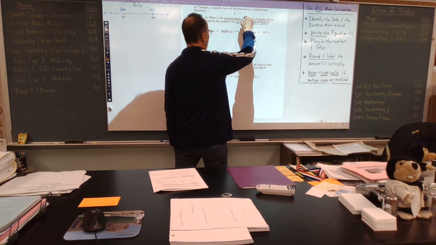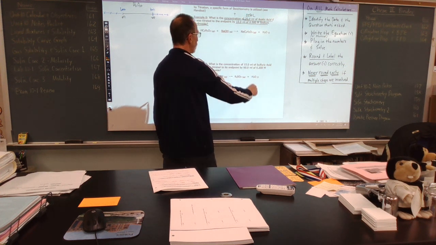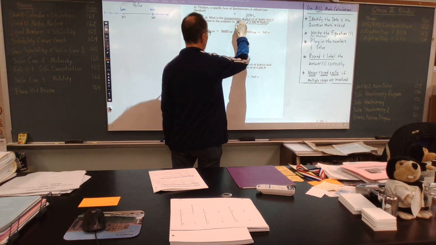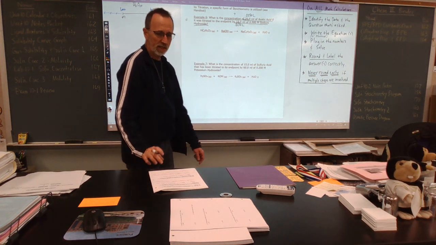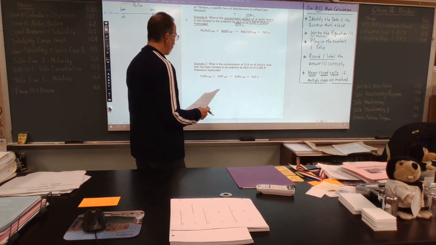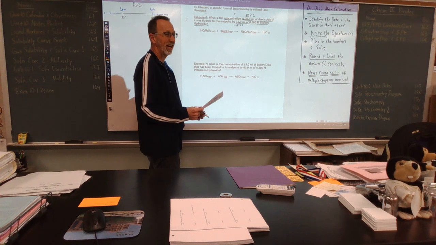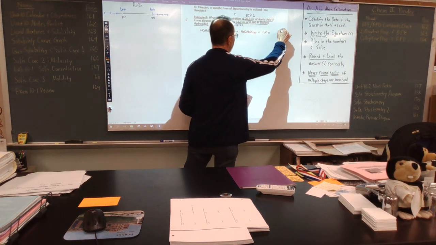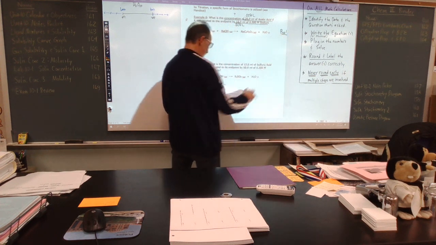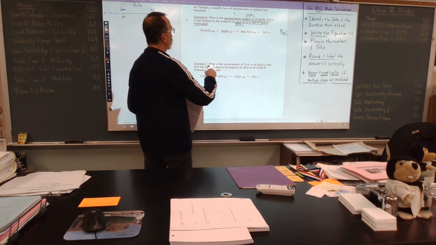So if we do that little conversion there, it'd be 0.0250 liters. Same thing with sodium hydroxide, 0.0150 liters. So now let's look at what we have here. First of all, of course, we need to balance the equation before we do anything. And this particular equation is balanced already.